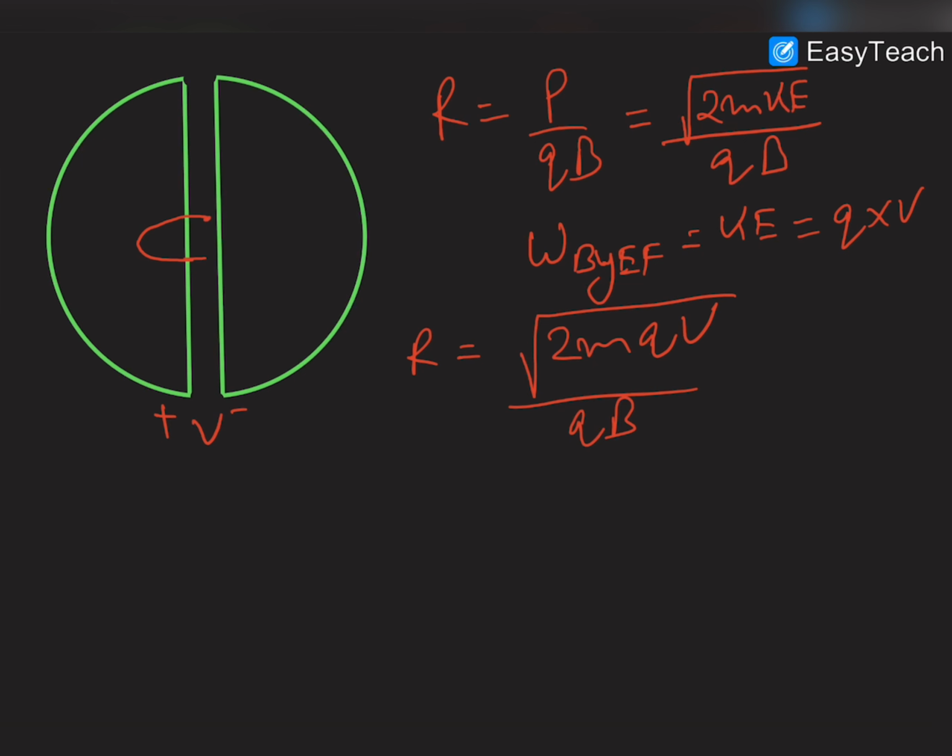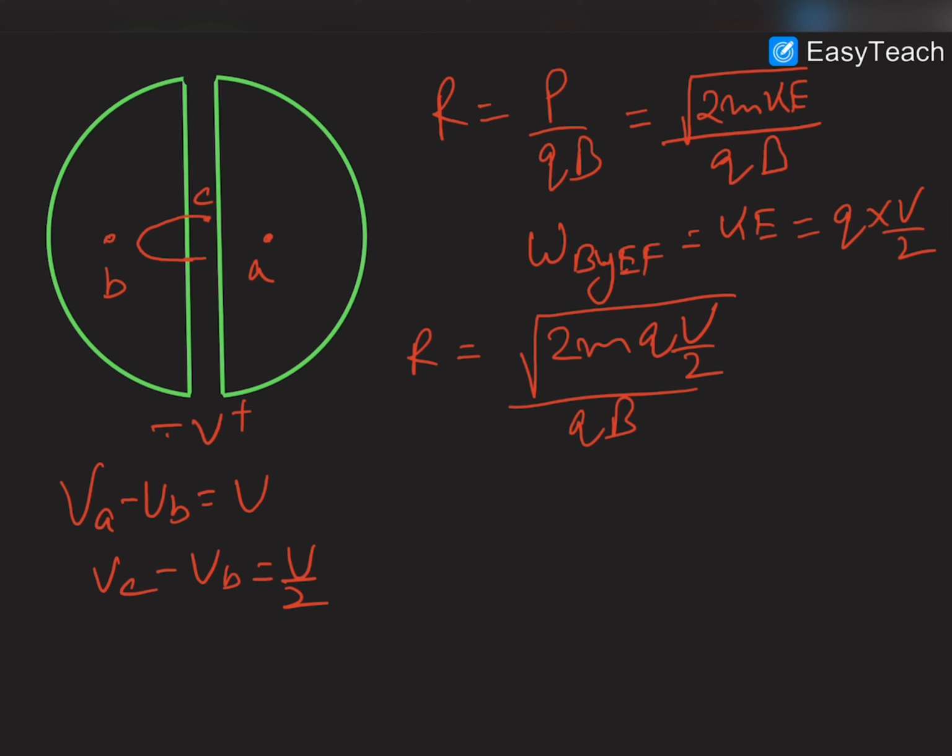So if this is point A, this is B and this is C, then VA minus VB is V, so VC minus VB will be V by 2. So the first kinetic energy of the particle will be QV by 2.